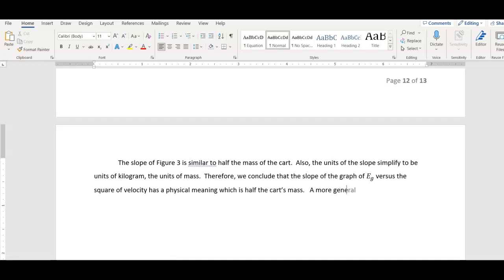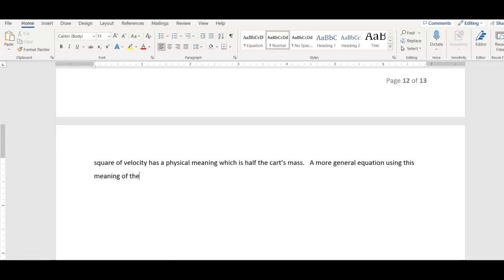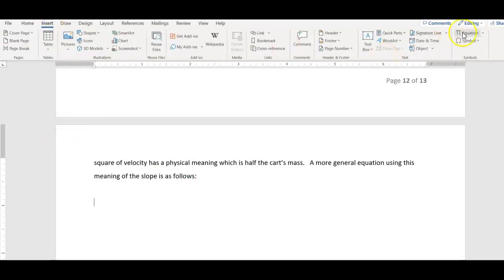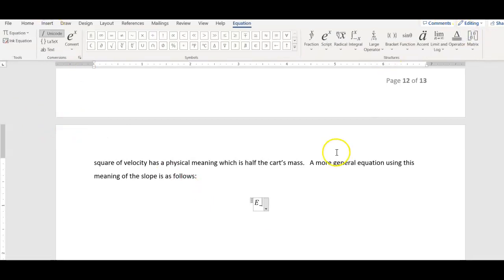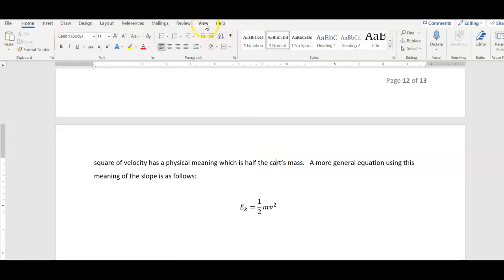A more general equation using this meaning of the slope is as follows. And this is where we would put the other equation that we wrote, which is that the kinetic energy is half of the mass times the velocity squared.